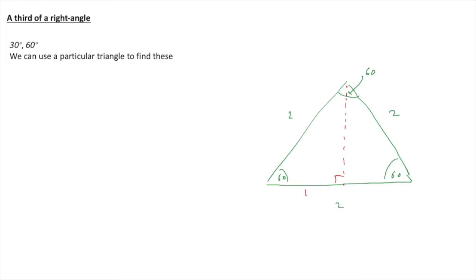So now from the corner to where the drop down line hits the base we have just 1, and that sloping side is still 2, and we can work out what the length of the drop down red line is, because we have x squared equals 2 squared take away 1 squared, which is of course 4 take away 1, which is 3, and therefore this height, which I've called x for some reason, is root 3, and we can pop that onto the diagram.